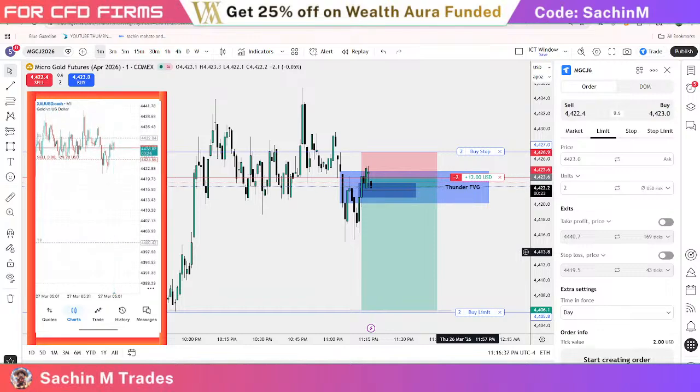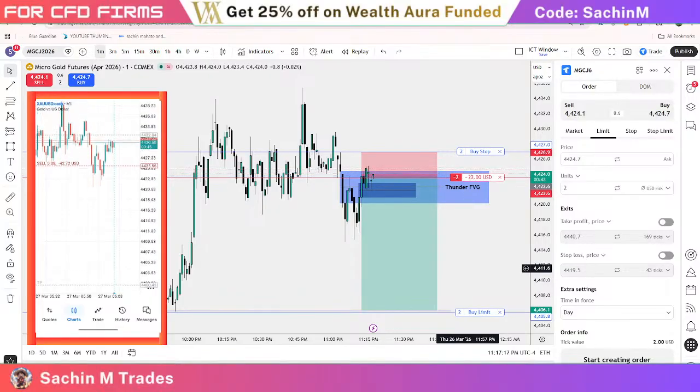We have target 1 is to 4 on CFD and 1 is to 5 on futures. This is quite a tense moment.